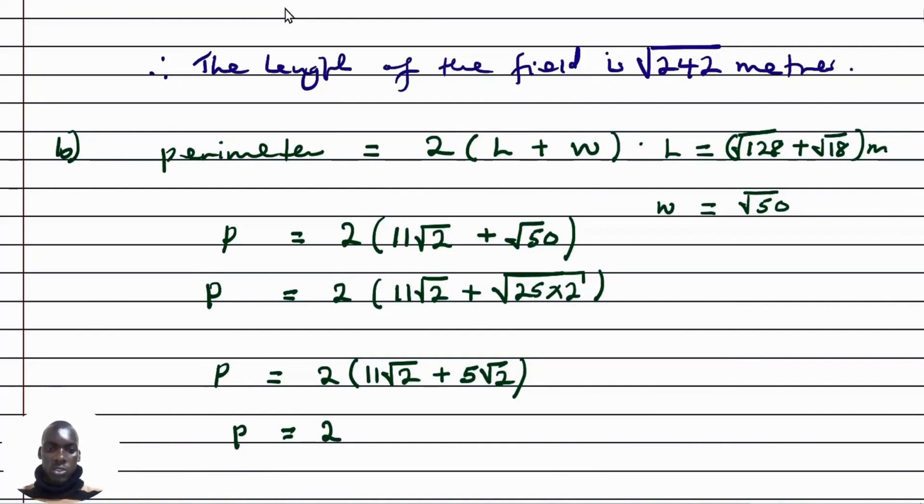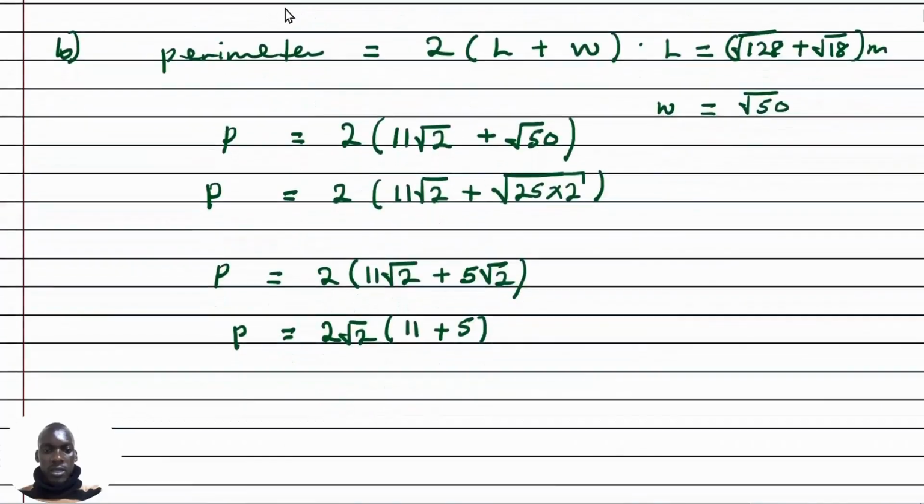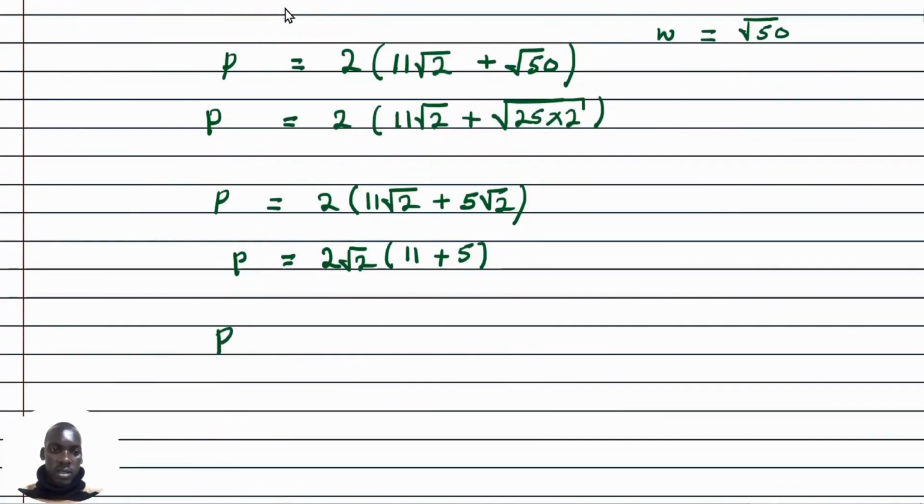So we have 2 multiplied by the common factor root 2, into 11 plus 5. As we continue simplifying, our perimeter P equals 2 root 2 multiplied by 11 plus 5, which is 16. So this is the same as 16 multiplied by 2 root 2.